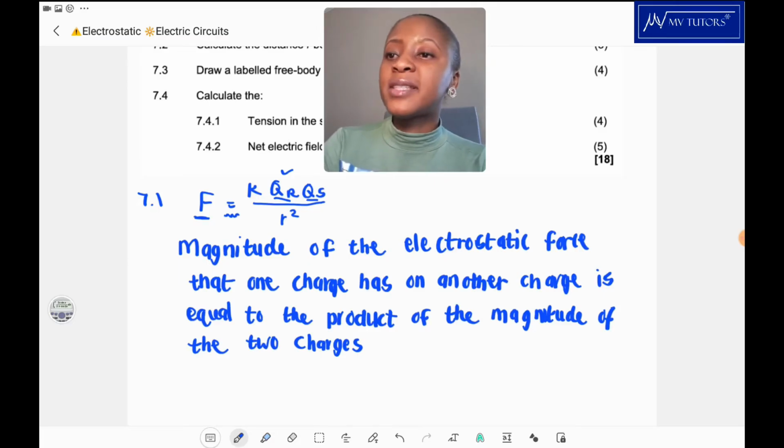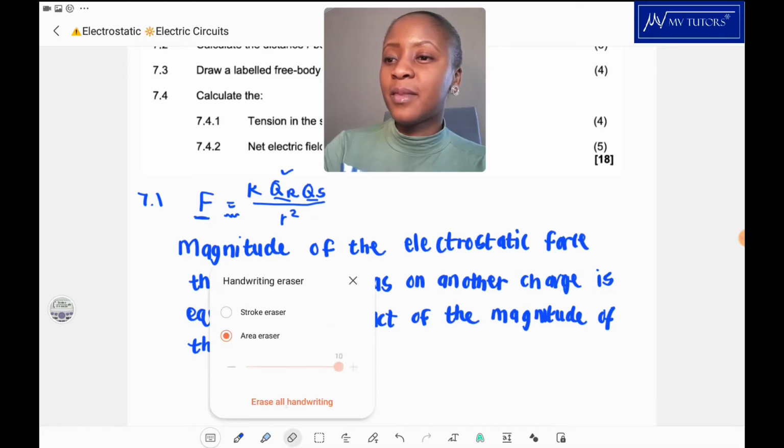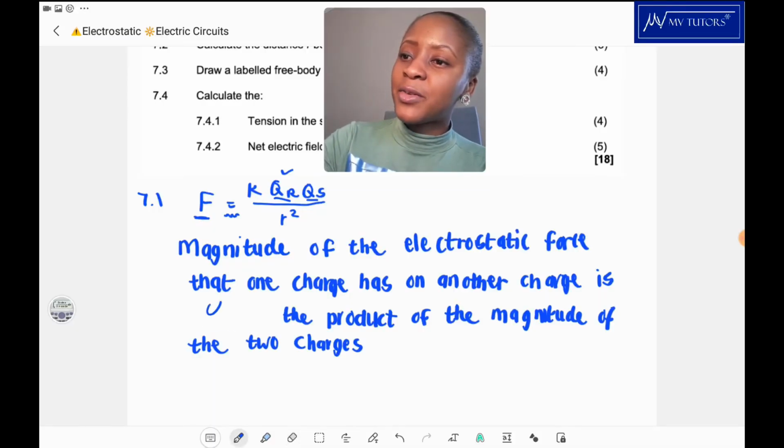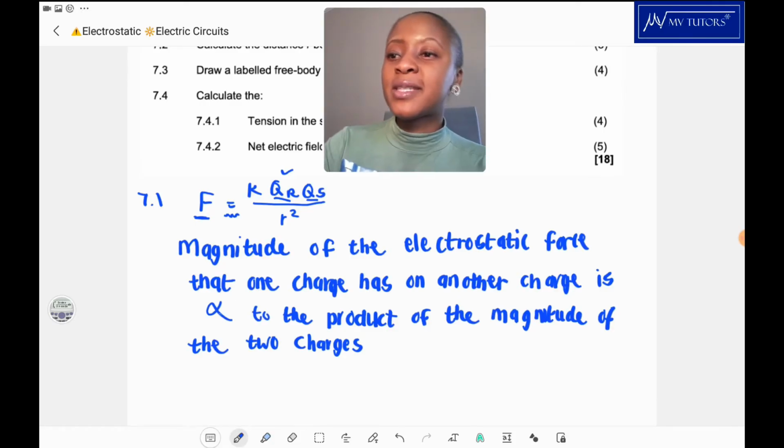So yes, the magnitude of the electrostatic force that one charge has on another is directly proportional. Sorry about that. Directly proportional to, so that sign there is what we use to say directly proportional.